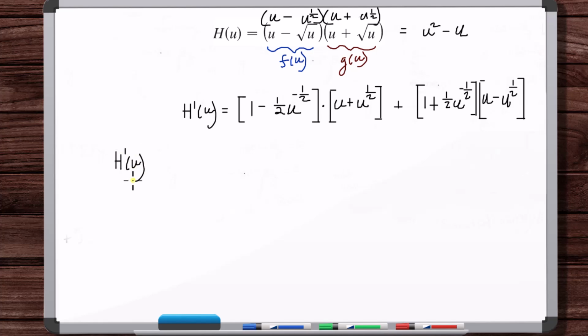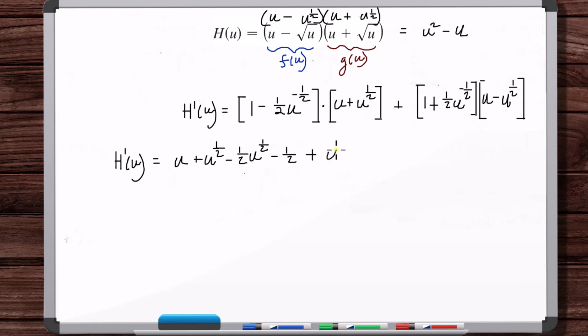Okay, so now that's the derivative. Let's just simplify it. If we distribute here, we get u plus u to the 1/2 minus 1/2 u to the minus 1/2 plus 1, is 1/2, minus 1/2 u to the 0, so just minus 1/2.